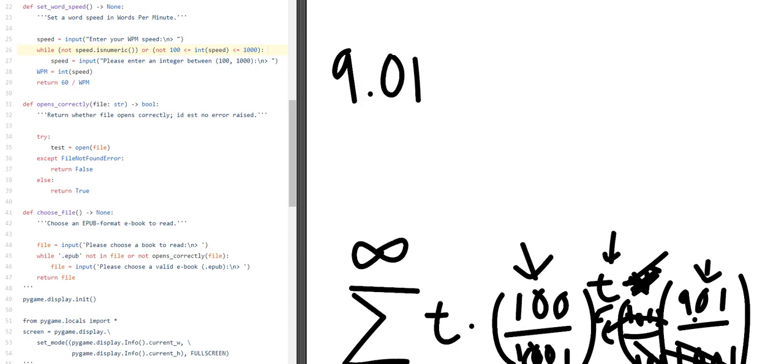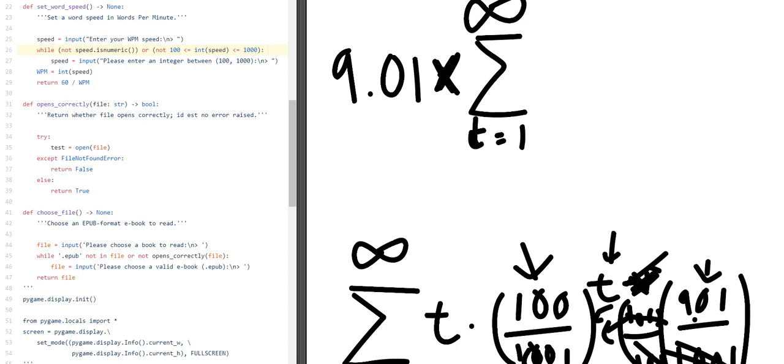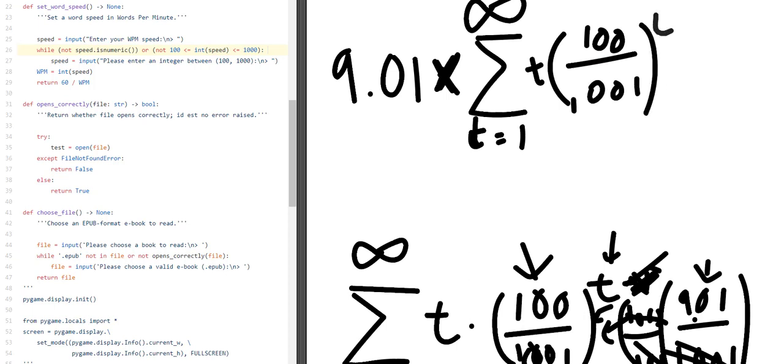So 9.01 times this summation from t equals 1 to infinity of t times 100 over 1001 to the t.